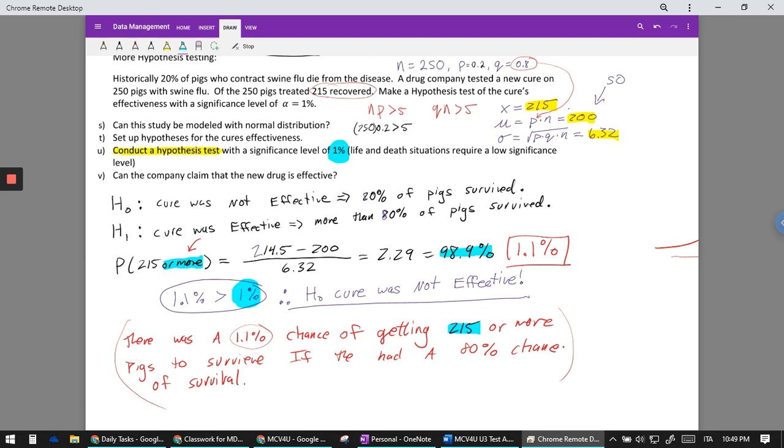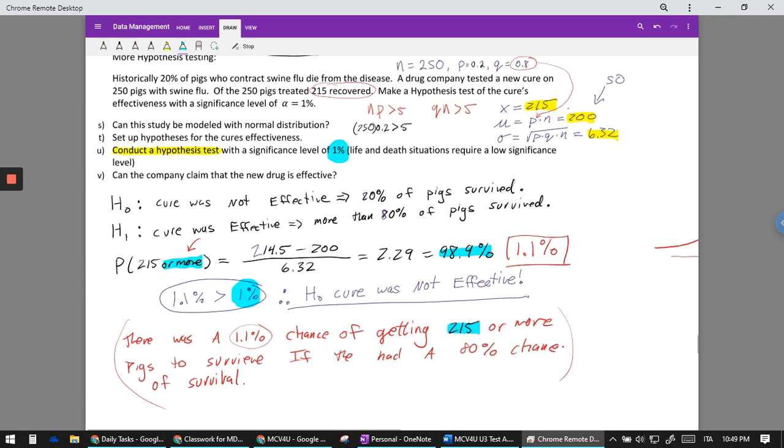Because we want to basically say, look, in order for this drug or this vaccine or this cure to get released into the market, it must be a miracle. It must be this drug that creates miracles. It saves lives, right? Because once a drug is implemented into the market, it's difficult to get it recalled or taken away, right? And so in order for something to be admitted into the market, it must be extremely effective.